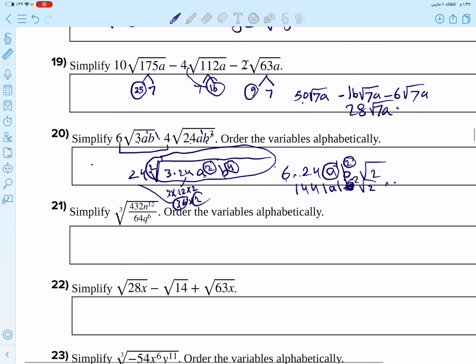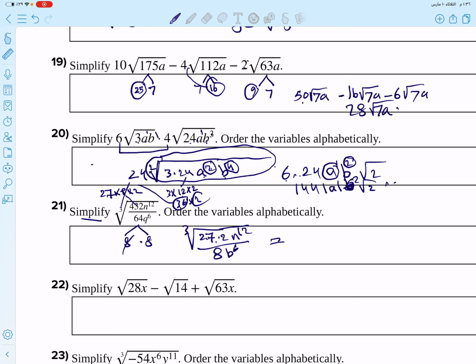Question, next one. I need to simplify that. Okay, so 64, I can write it as 8 times 8. This number, 432, 27 times 8 times 2. Now I can cancel 8 with 8 in the first. So I have the cube root of 27 times 2 times n to the power 12 over 8 p to the power 6.